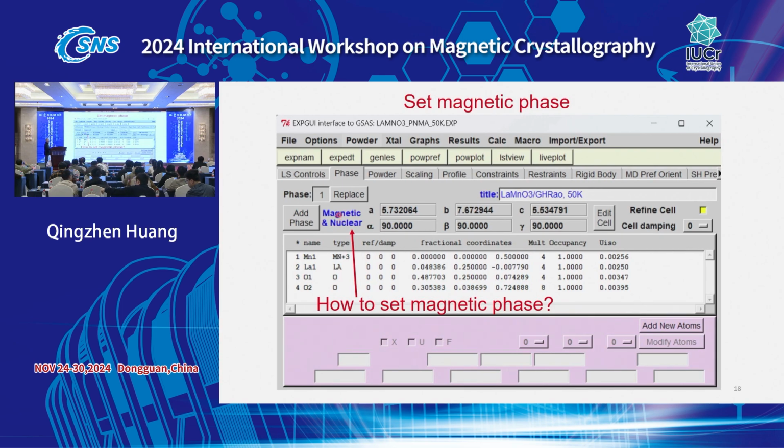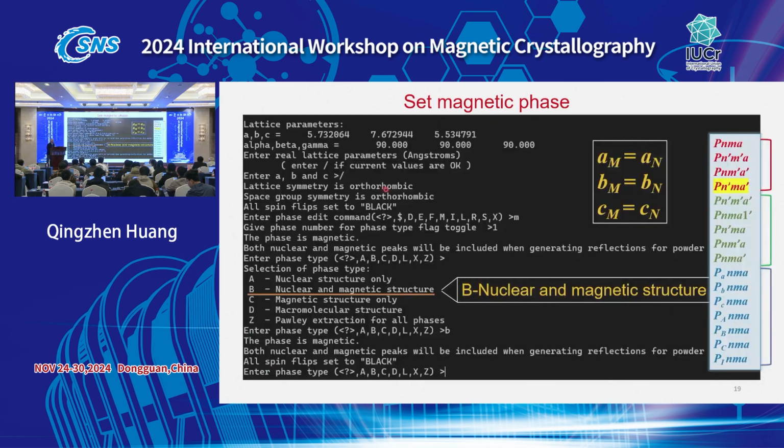So first, in GSAS, how do we set the phase to be magnetic and nuclear? In the details, I'm not going to mention this, because the program is quite simple.